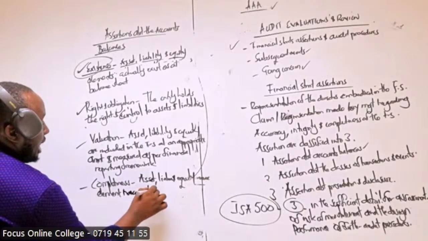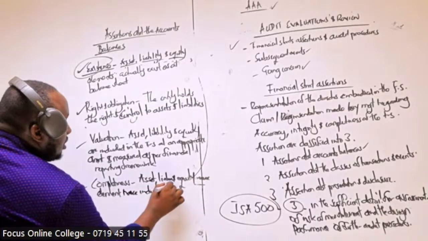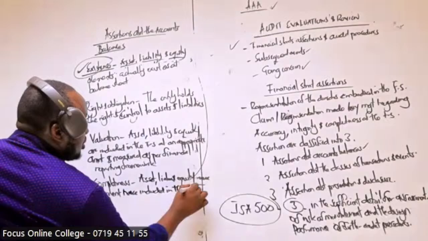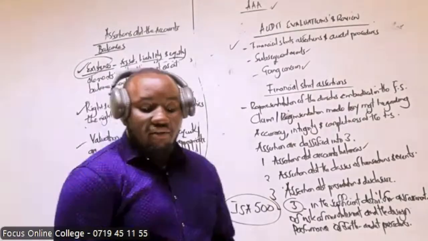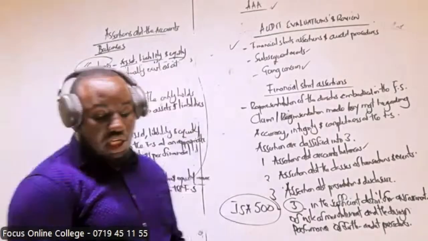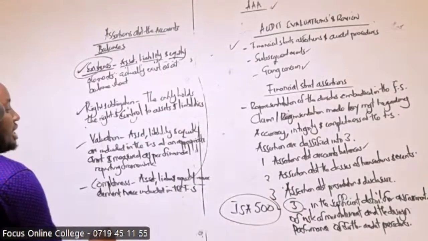Completeness is that assets, liability, and equity elements that should have been included in the financial statement.